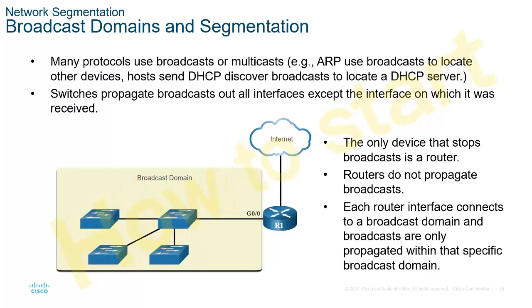It will go out every interface except the port it was received on. It will not cross a layer 3 boundary. Things like ARP and DHCP use broadcasts to propagate requests for information. Again, broadcasts do not cross a layer 3 boundary.